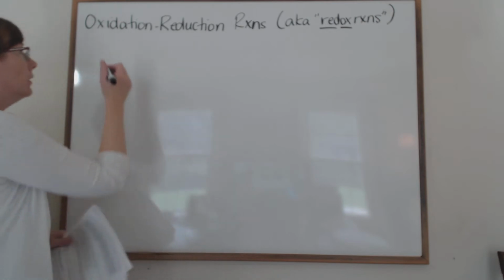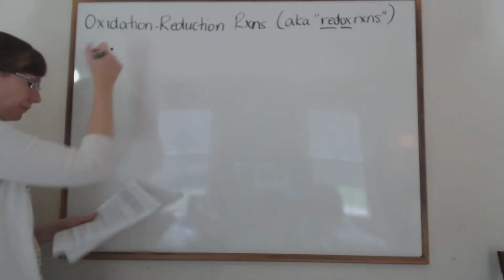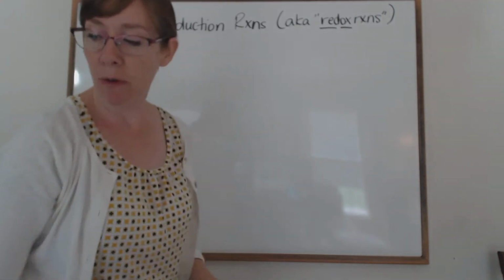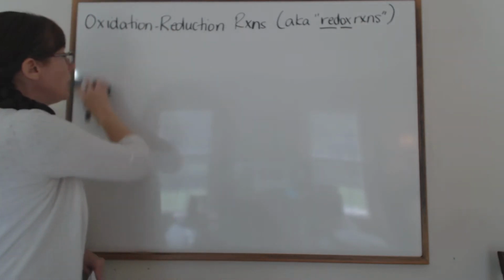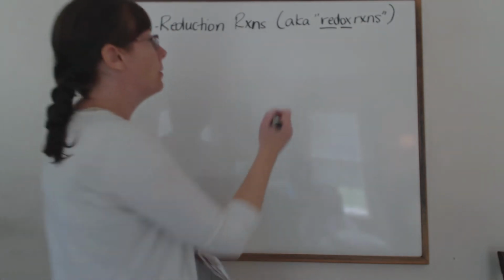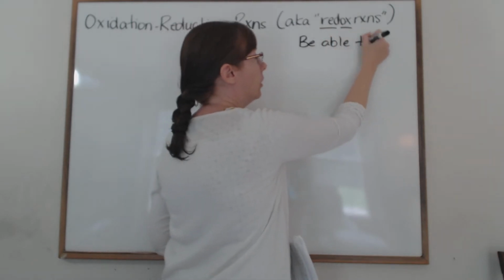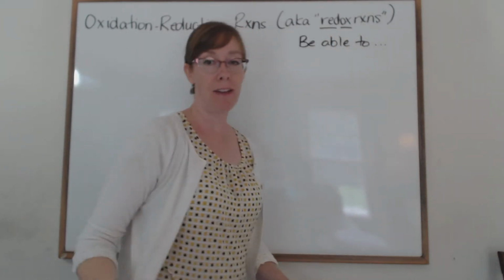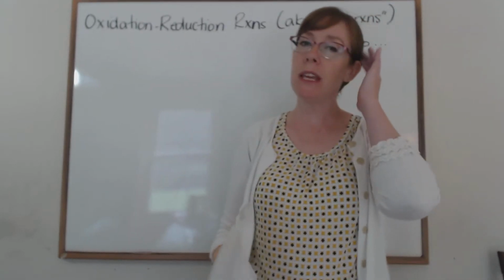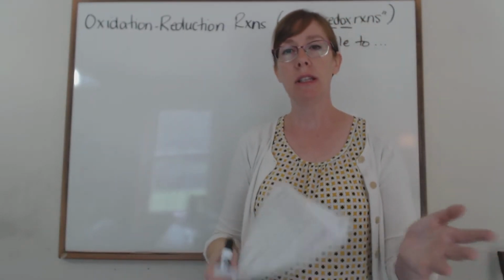Okay, so oxidation reactions. Actually, before I go into what they are, let me be really clear about a couple things. What do you have to be able to do, and what do you not have to be able to do? Because with each of these types of reactions, there's different expectations.